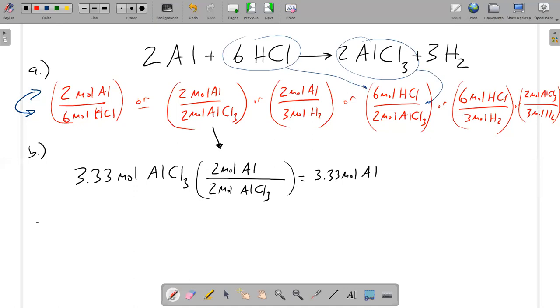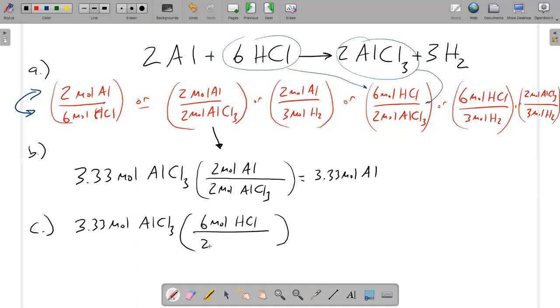But how much HCl you need is a different quantity. So if you want to make 3.33 moles of aluminum chloride, the amount of HCl you need is different. There are 6 moles of HCl for every 2 moles of aluminum chloride. So that's 9.99, but it's pretty near 10.